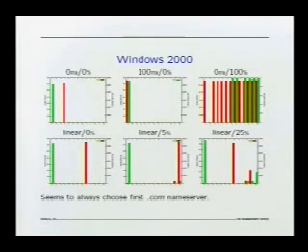This is Windows 2000, and the surprising thing here is for the cases with linear delays, it seems to ignore any actual measurements at all, I guess. It always picks essentially always picks one name server and just sticks with it.